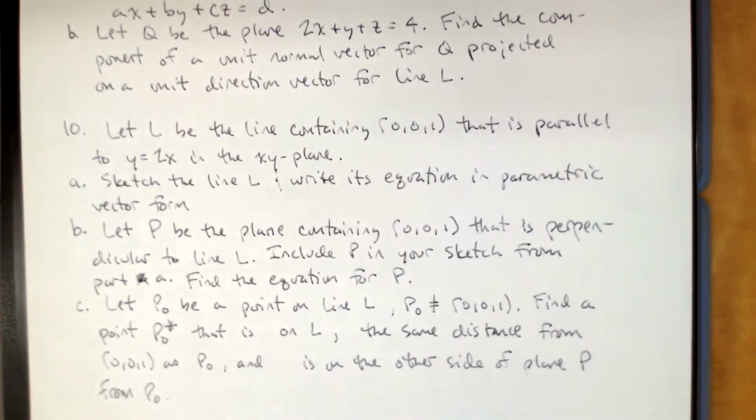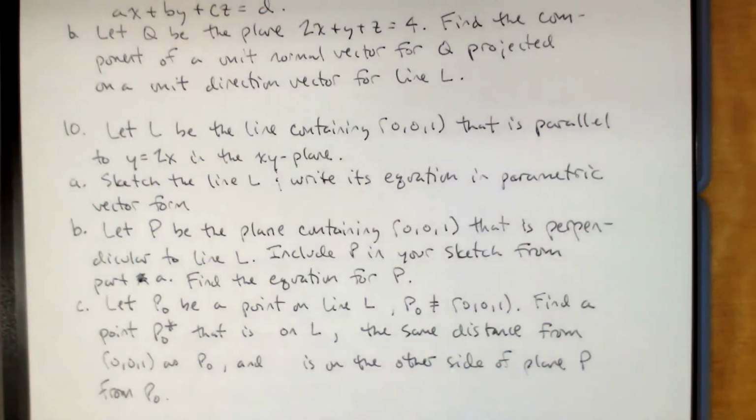I want you to figure out how to find a point that is mirrored, the mirror point for P naught. It's going to also be on L. It's going to be the same distance from (0, 0, 1) as the point P naught. (0, 0, 1) is going to be the middle. And it's got to be on the other side of the plane P. So it's going to be the mirror point.